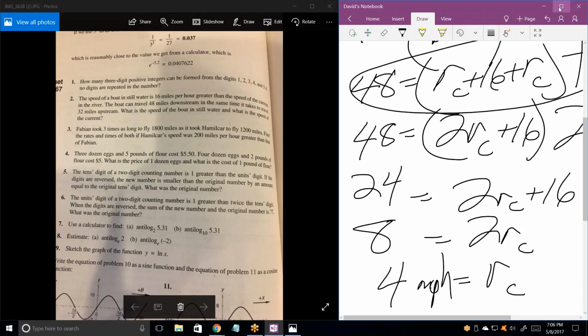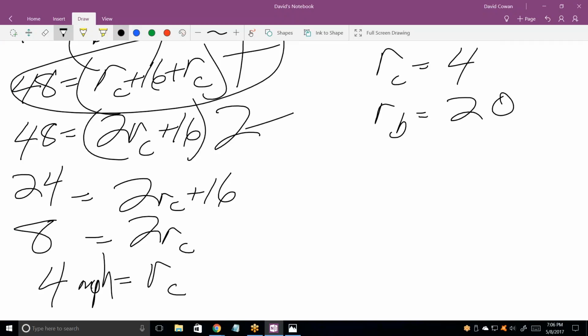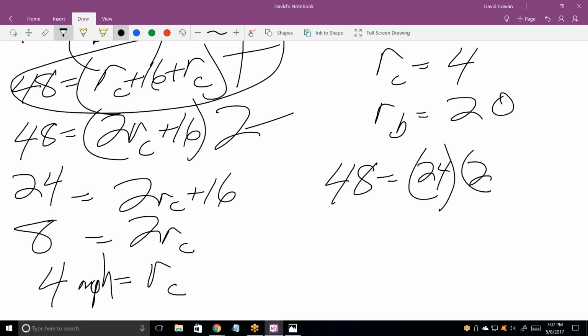Now, let's see if that makes sense. If the rate of the current is 4 miles per hour, well, we know the rate of the boat is 16 miles per hour more than that. So it's going 48 miles. The rate of the boat plus the current is 24 times 2 hours.